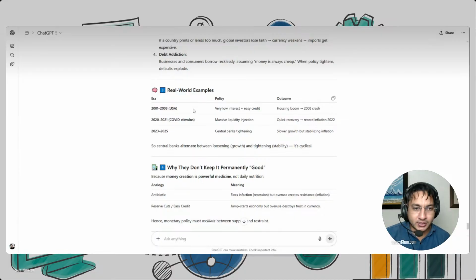Real world examples. 2001 and 2008, there was the recession with very low interest. What is happening is that banks are just printing money, maybe because they keep less cash in their vaults and give more away to businesses easily.